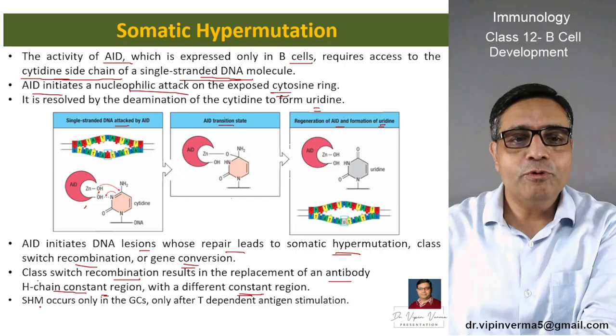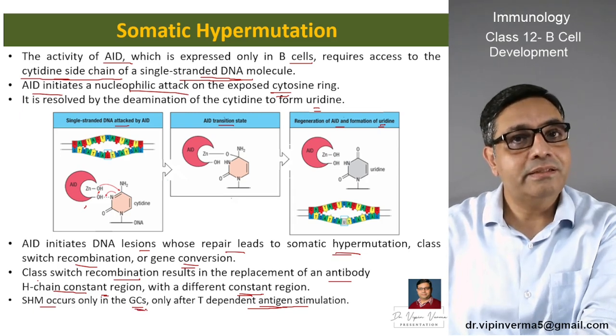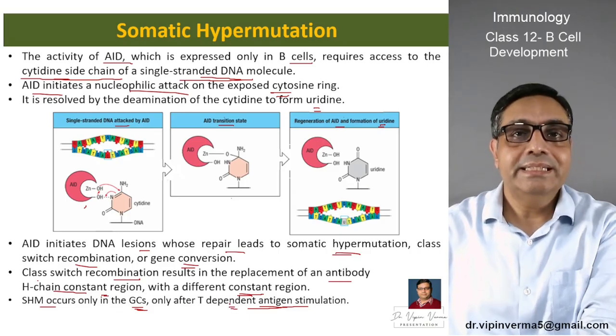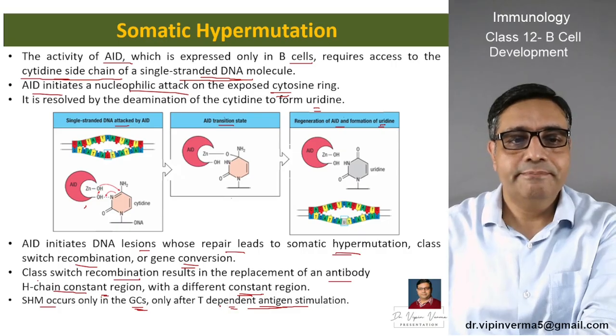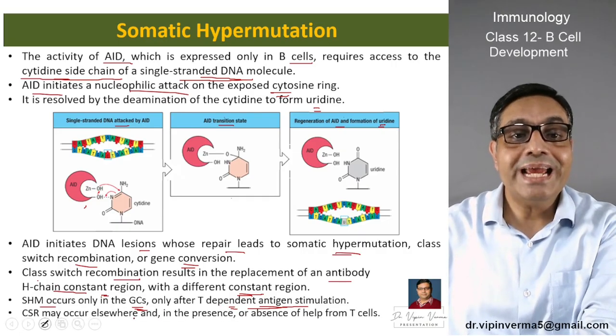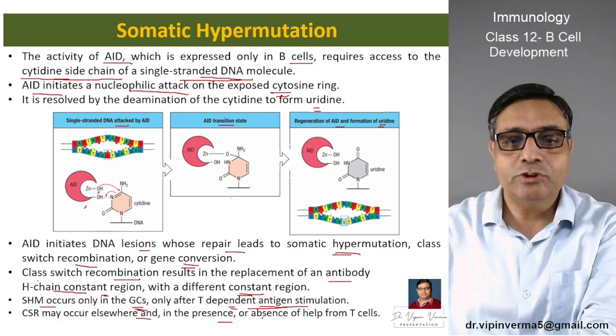Now, somatic hypermutation occurs only in the GCs and only after the T-dependent antigen stimulation. That is the rule here for somatic hypermutation. It occurs first of all only in the germinal center, and only after the T-dependent antigen stimulation. Now, class switch recombination may occur elsewhere and in the presence or absence of help from T cells.